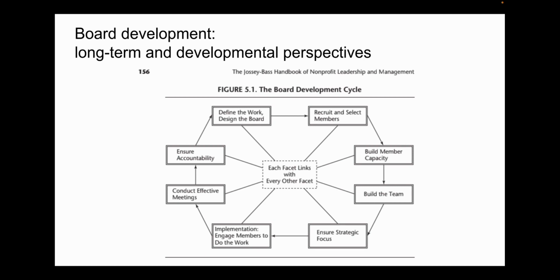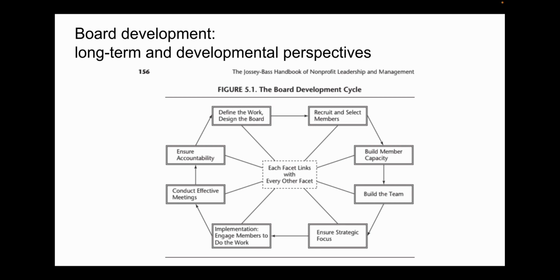So from building member capacity to implementation, this is more about discussing how the members should be team workers. Because the board usually doesn't meet on a daily basis, since this is strategic, maybe they meet annually to decide strategically what they want to do in the following year.